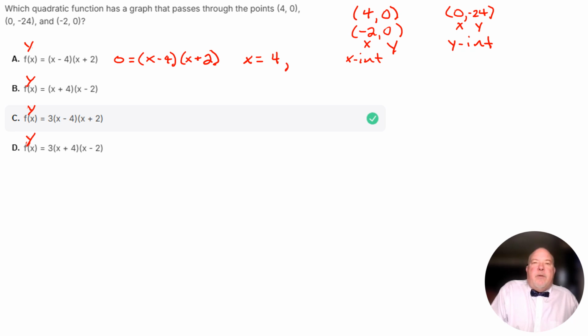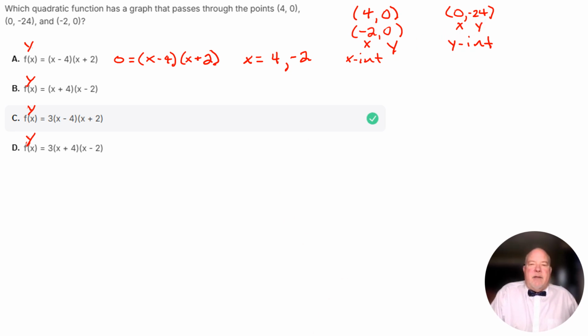For the other one, it would be -2. So if you plug these in for x, they make the terms 0. So this has x-intercepts of 4 and -2, and if I look over here, that matches up. Okay, so that's correct.